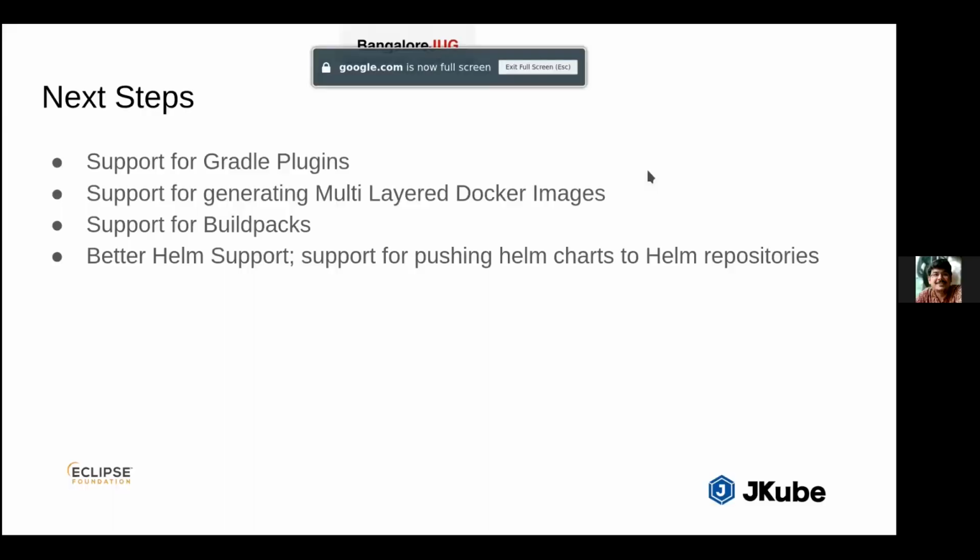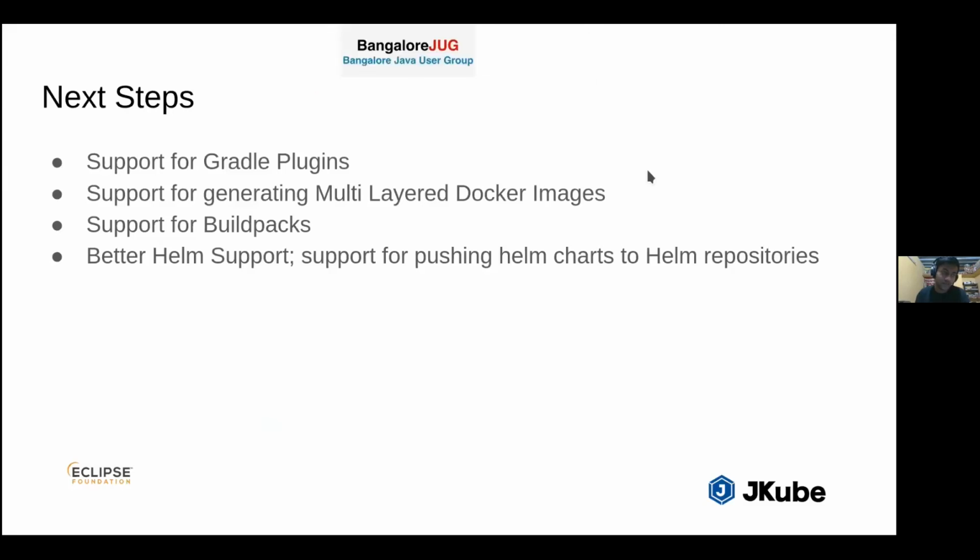Thank you. So now that you saw the plugins in action, I really hope that you like the project, and I really hope that you try it out and provide some feedback. So here are the next steps. It's a rough roadmap for us for the coming 6 months. We are constantly asked about providing support for Gradle plugins, and we definitely have it in our plan. So we are going to provide Gradle plugins in the upcoming 1.3.0 release.